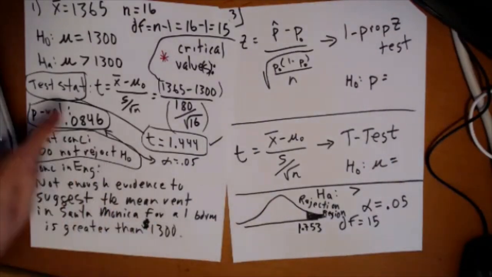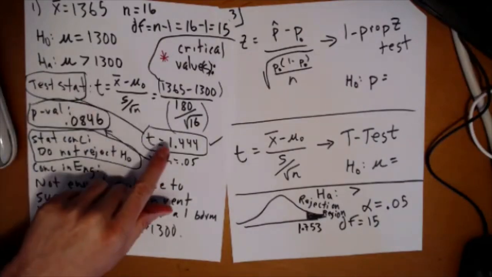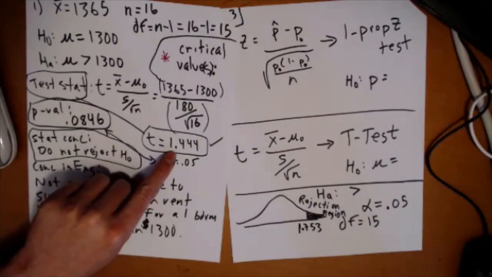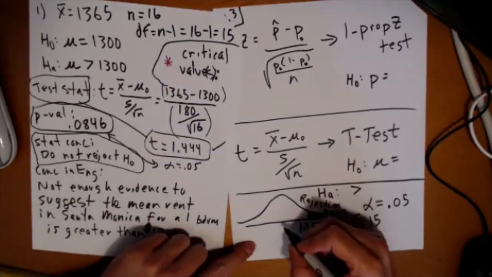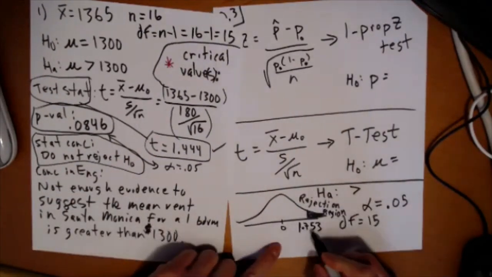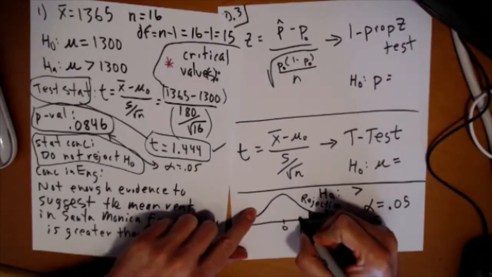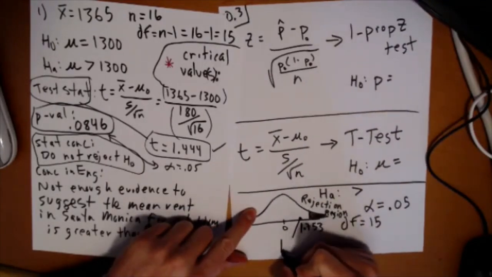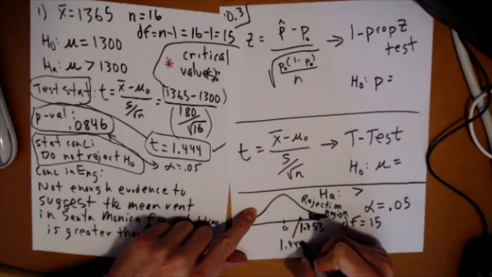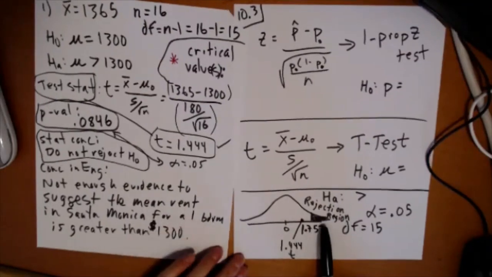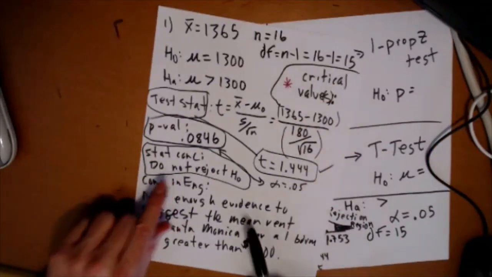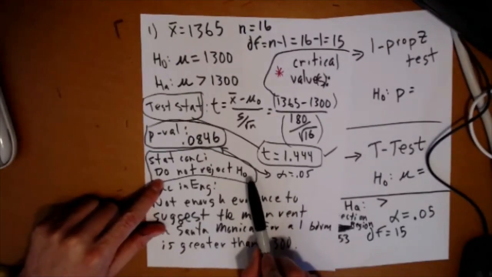So we have a test statistic of 1.44. Where does 1.44 land? Remember, the center is 0. That's 1.753. So right around here somewhere is the 1.444, our test statistic. Do we land in the rejection region? No. Therefore, we do not reject H0.